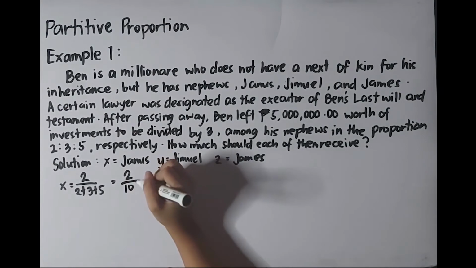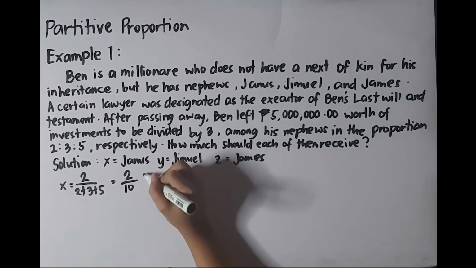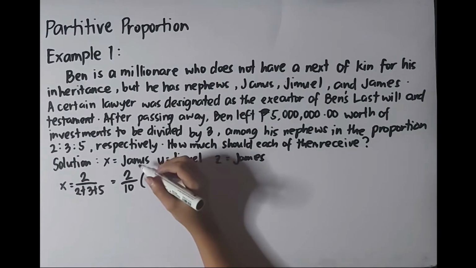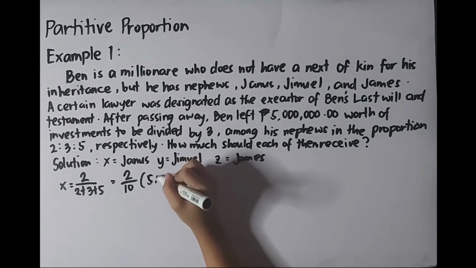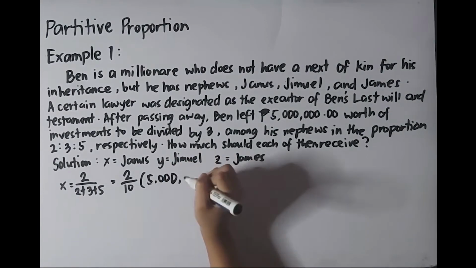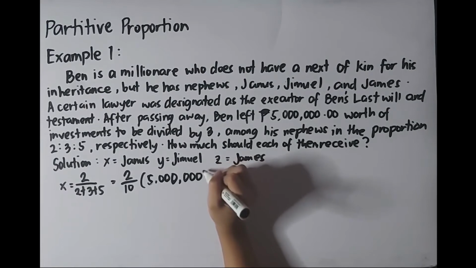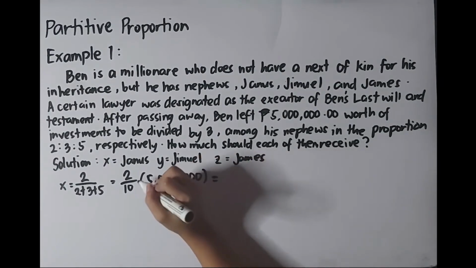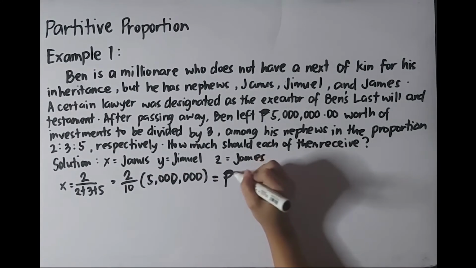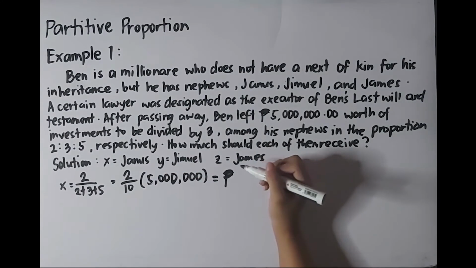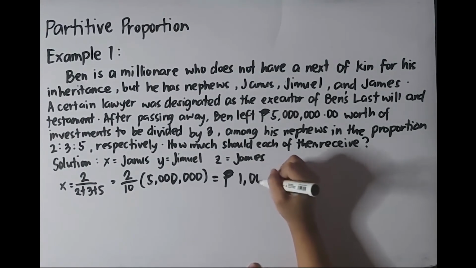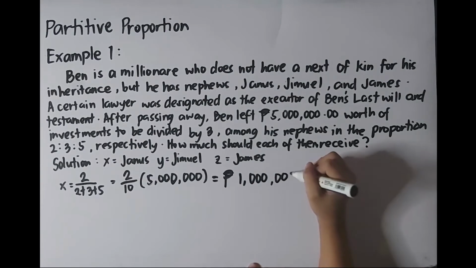So 2/10 of the investment, which is the amount left, 5 million pesos worth of investment. So we multiply 2/10 by 5 million. That is equivalent, in pesos, 2/10 of 5 million equals 1 million pesos.